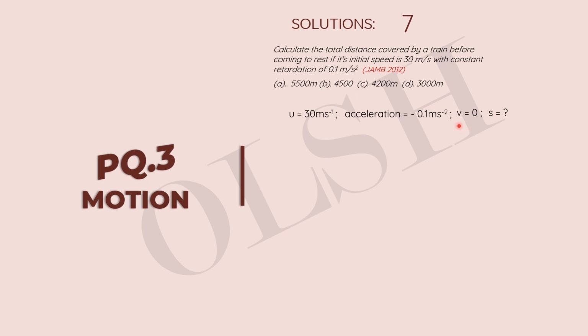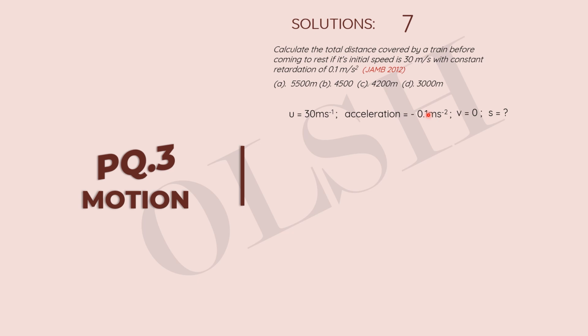Our final velocity is 0 because it's retardation and the train comes to rest. If it didn't come to rest, then we can't assume 0 for final velocity, but it came to rest. So we're asked to find the total distance of this train given these variables.